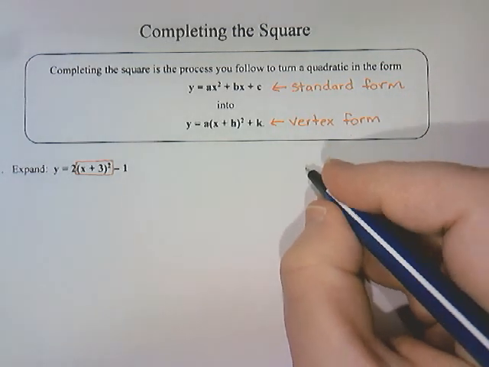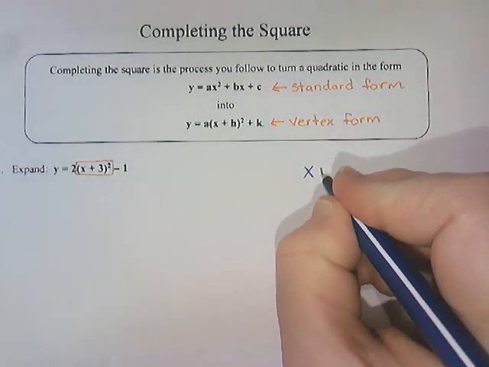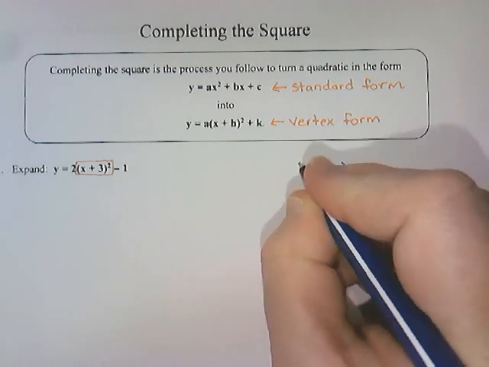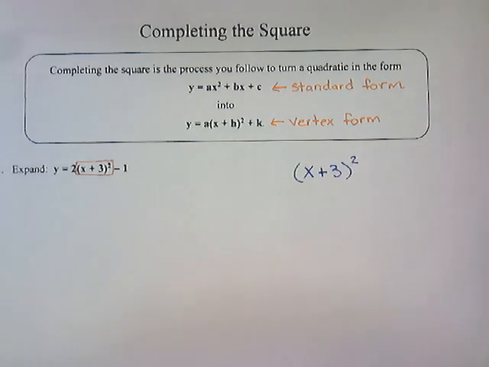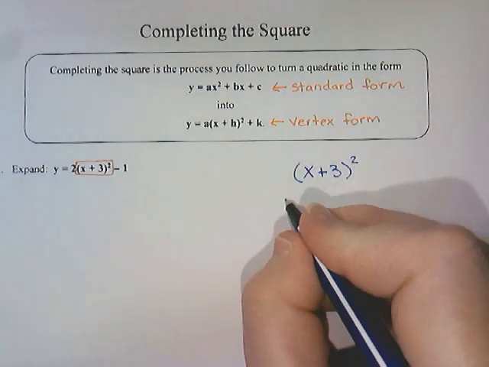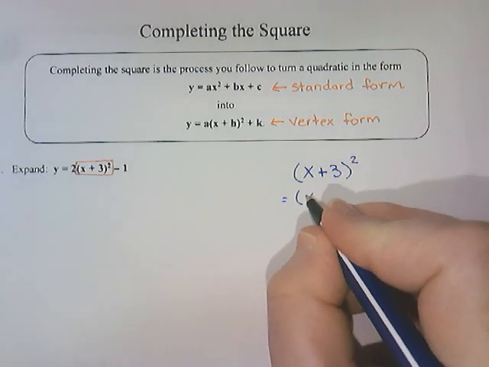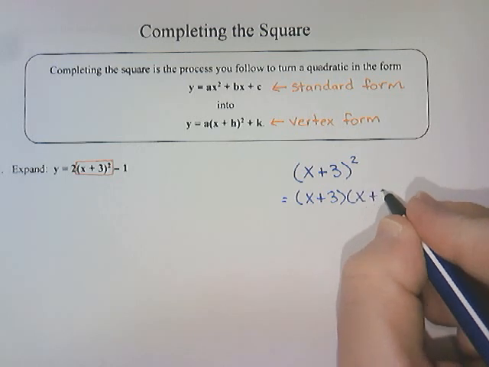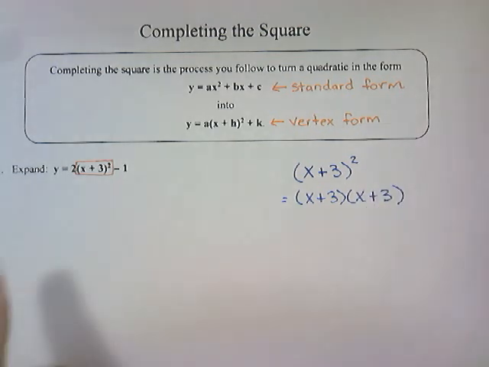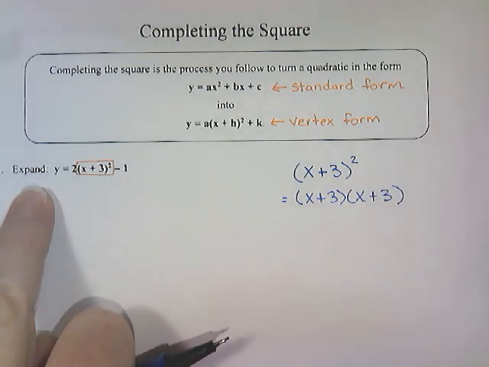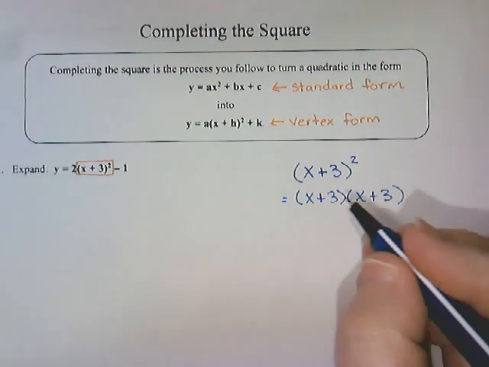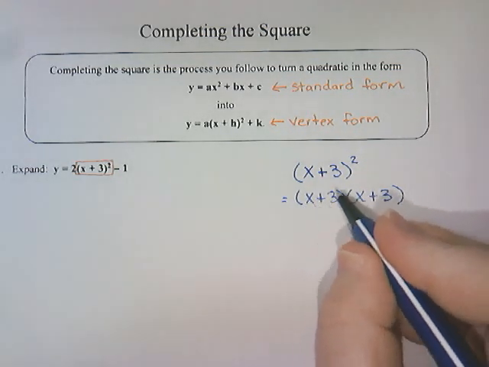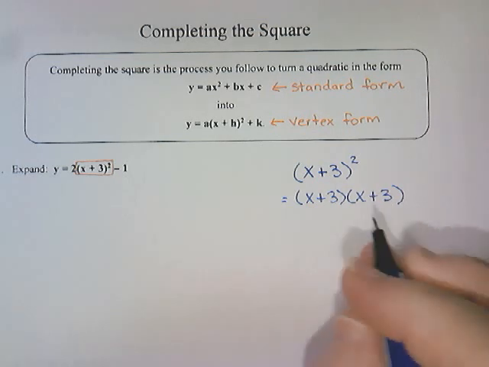So over here on the side, I'm going to write down x plus 3 squared. x plus 3 squared, we learned in unit number 1, means x plus 3 times x plus 3. And it is asking me to expand, so I want to multiply that out. So I'm going to take everything in the first bracket and multiply it by the second bracket.